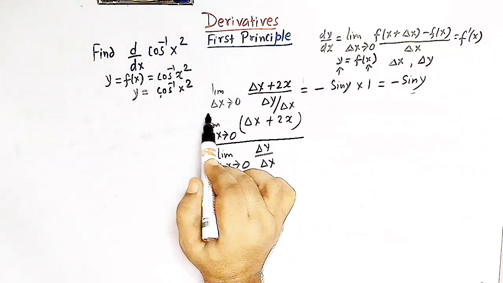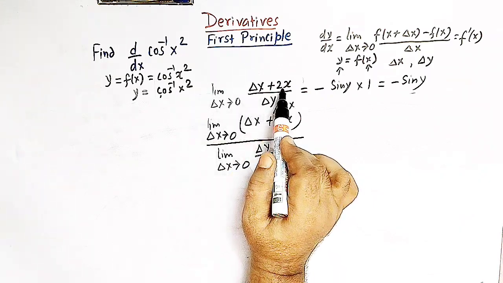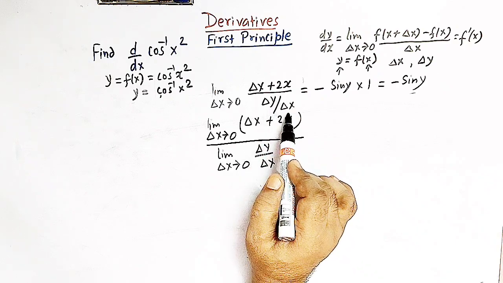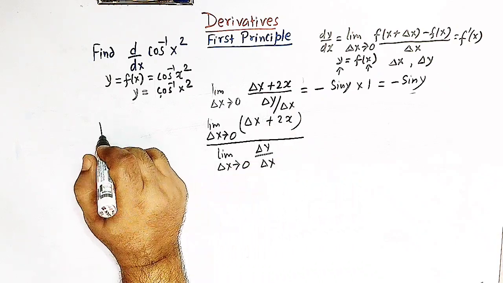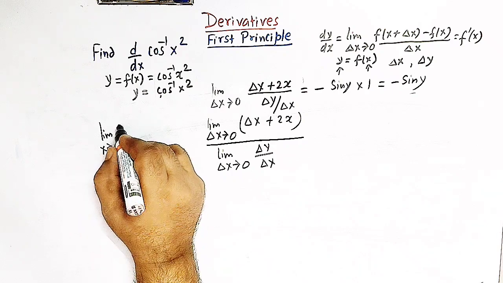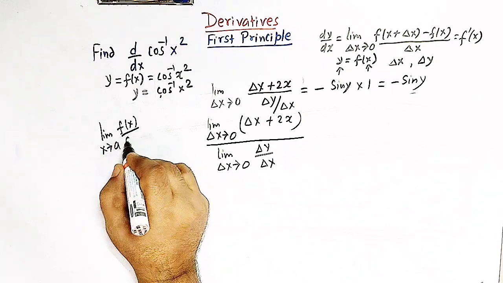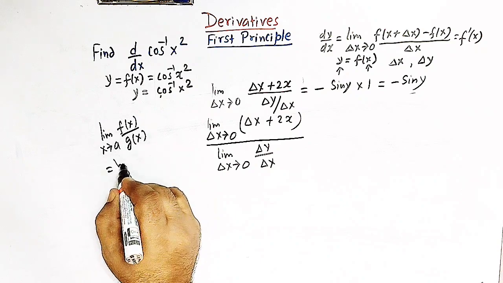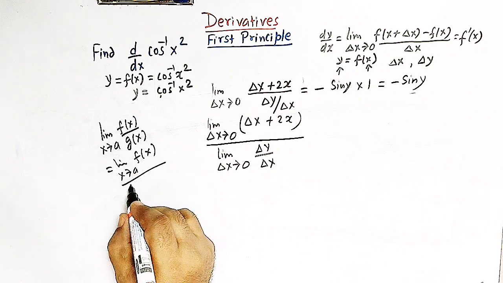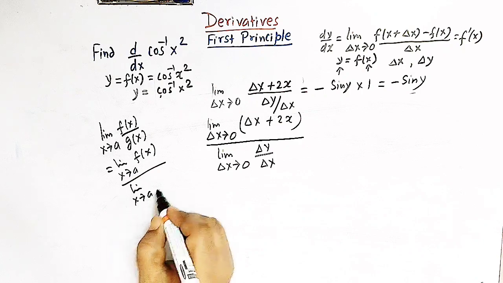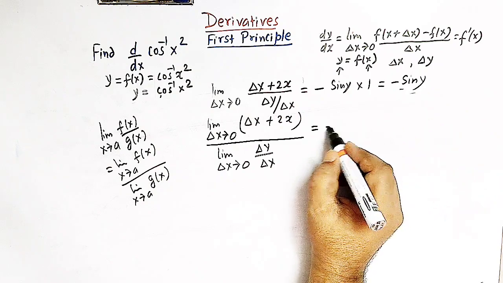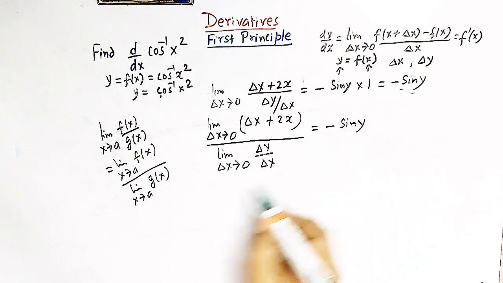So distributing this limit to the terms delta x plus 2x and delta y over delta x, using this theorem, that is limit x tends to a of f of x over g of x is equal to limit x tends to a f of x divided by limit x tends to a g of x, and here we have simply minus sine y, right?